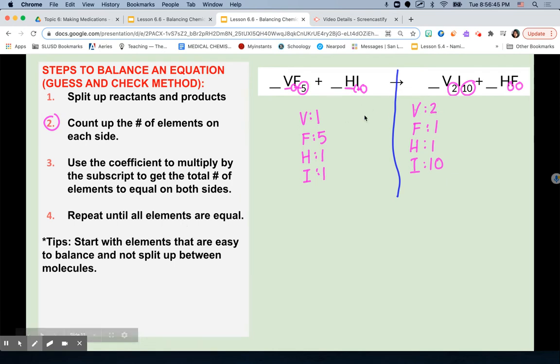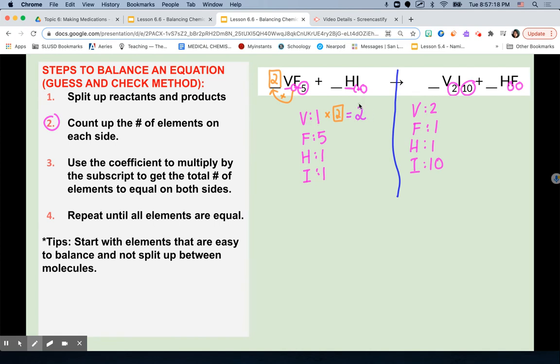There's more V's on my product side than my reactant side. I have 2 on my product side, so I want to make it 2 on my reactant side. The only way I can do that is by changing my coefficients. So I need to think, 1 times what will give me 2 to match the other side. Well, 1 times 2 is 2.